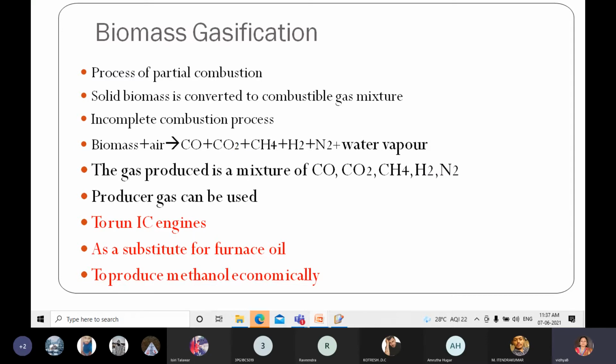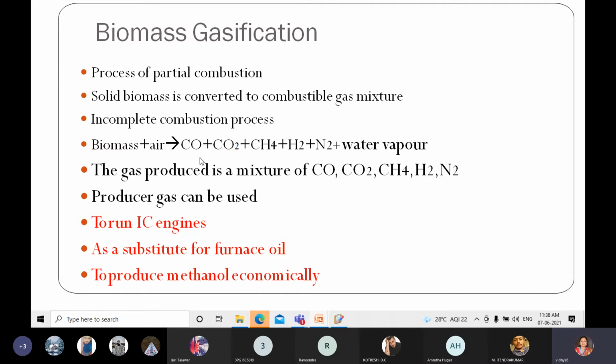Gasification is the incomplete combustion of carbonaceous fuels, and it can be represented in the form of an equation: biomass plus air gives the output.